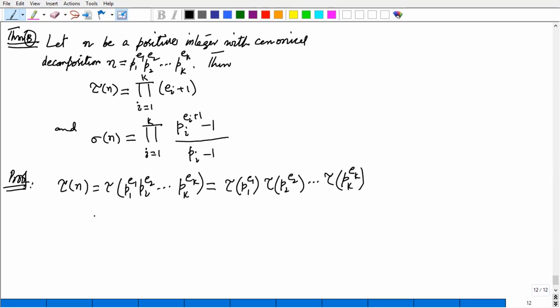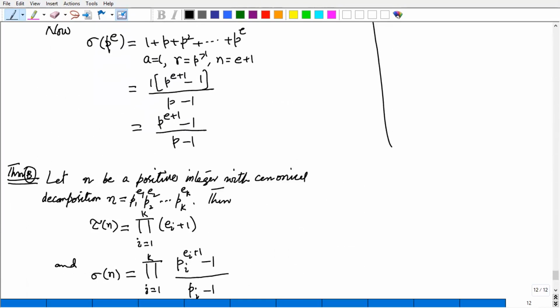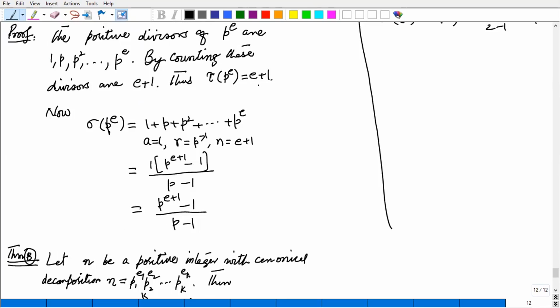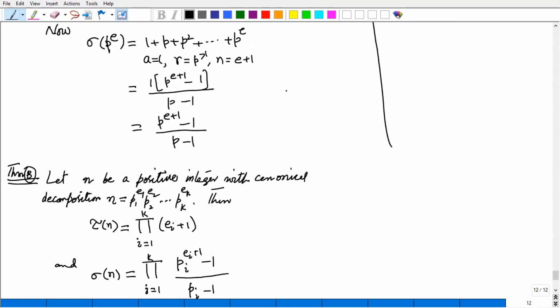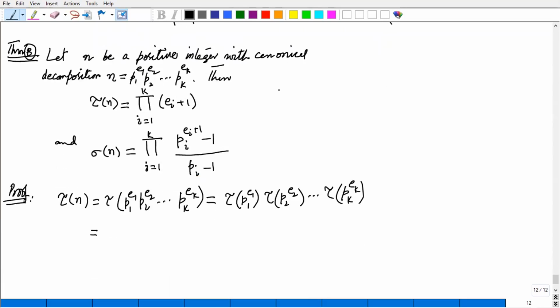In our last result, we derived the formula for tau on p to the power e, which is e plus 1. Because p1 is a prime, e is e1 here.